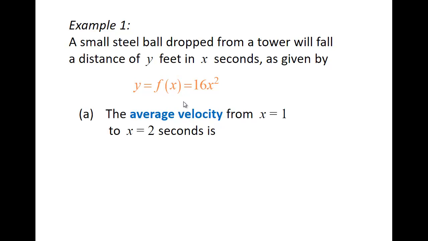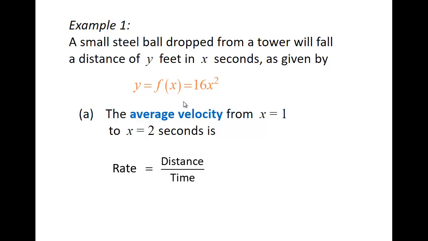My first question is, what's the average velocity of the falling object over the period of time between 1 and 2 seconds? Well, the average velocity would be how much distance is traveled over this period divided by the length of the period.